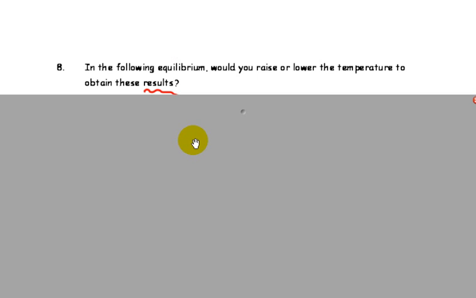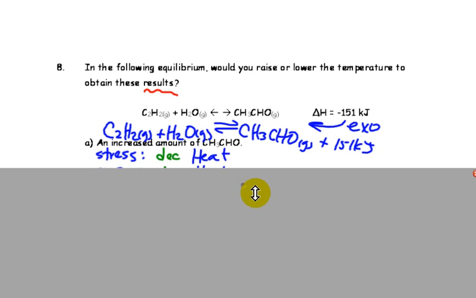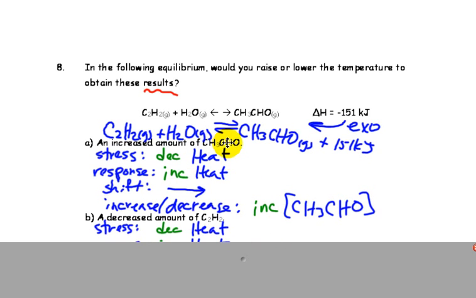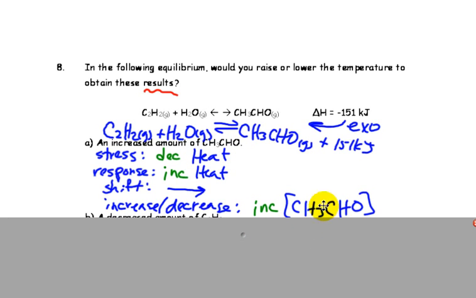Here, temperature. Now I set up this question a little bit backwards. I set it up so that I want a specific answer. What do you do to the temperature in order to get that? So if I want the result of an increased amount of CH3CHO, there it is. I want things to make, so let's say I had a plant that has CH3CHO being produced. If I want to make more of that, what would I do to heat?